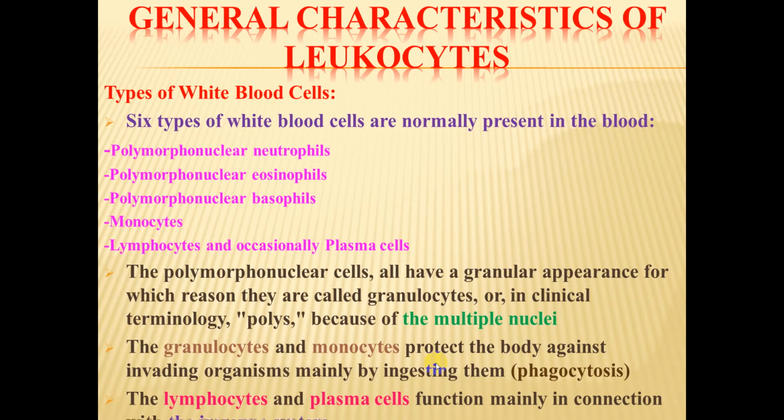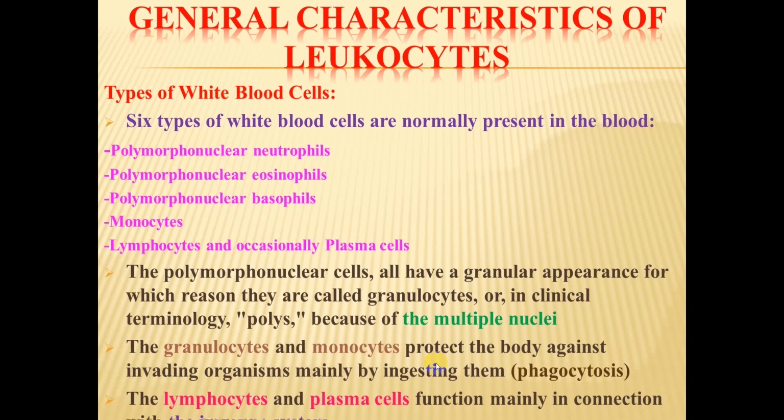And the sixth type, in little number, is the plasma cell. The polymorphonuclear cells all have a granular appearance, for which reason they are called granulocytes. And the granules هتكون بالcytoplasm.